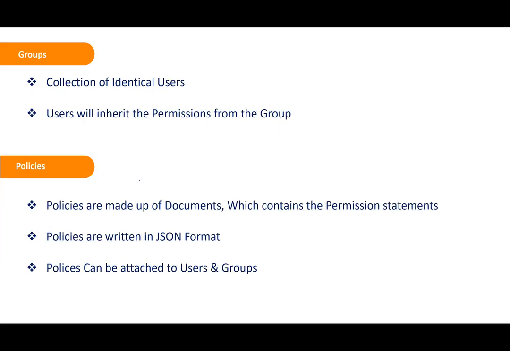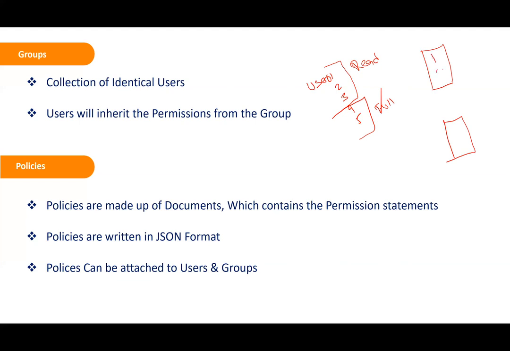What is the group? Let us say I have multiple users, user 1, 2, 3, 4, and 5. Out of these, 3 people belong to the development and 2 people belong to the admin team. So these people require read-only permission and these people require full permission. Instead of applying the permissions on each and every employee individually, I will create 2 groups.